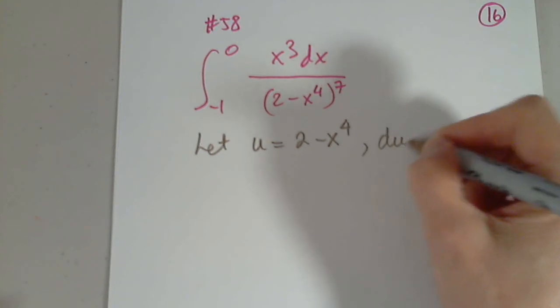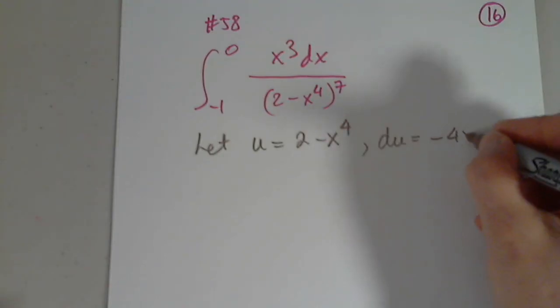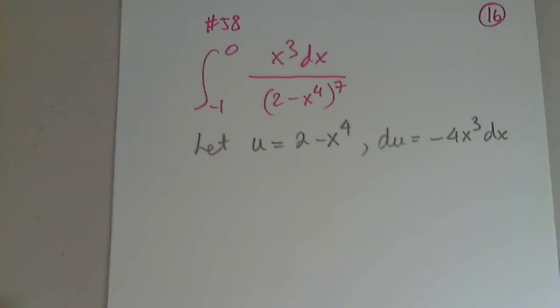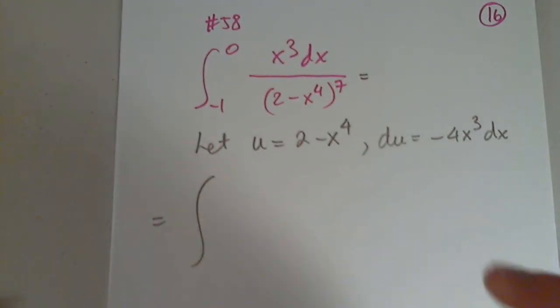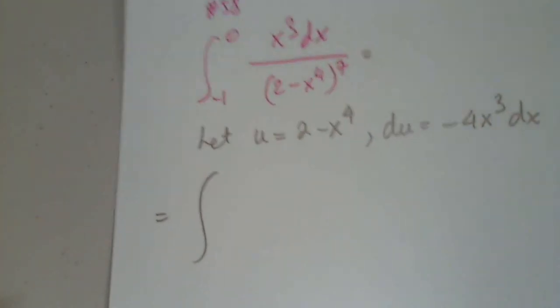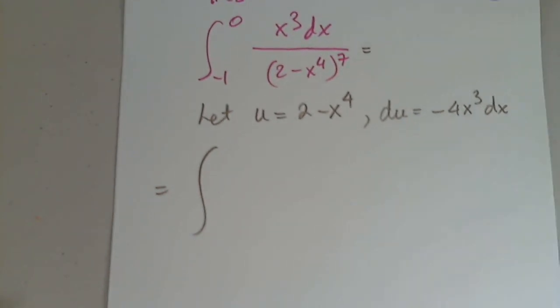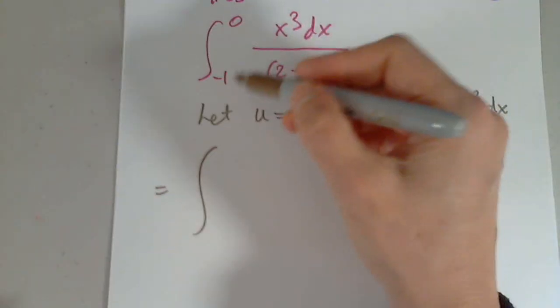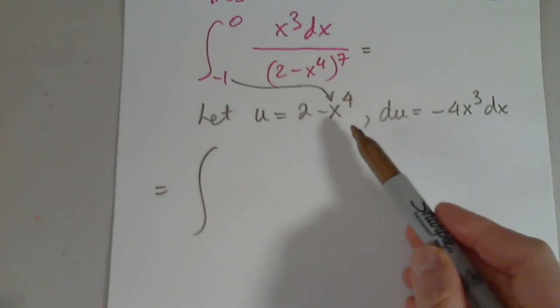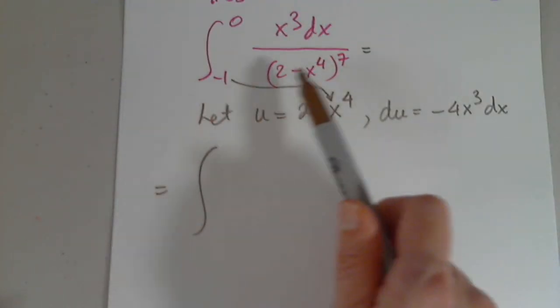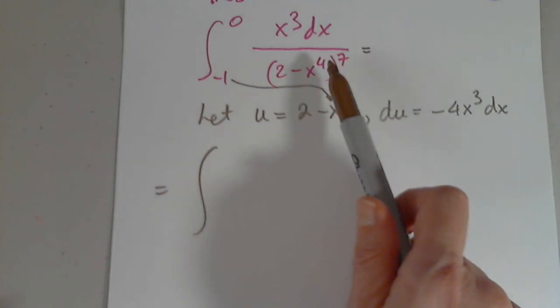If I don't have du immediately, then I will be in trouble because I cannot change the integral into an integral in u if I don't have du. I don't want to forget, I have to plug in -1. So the lower limit is -1, but for x.